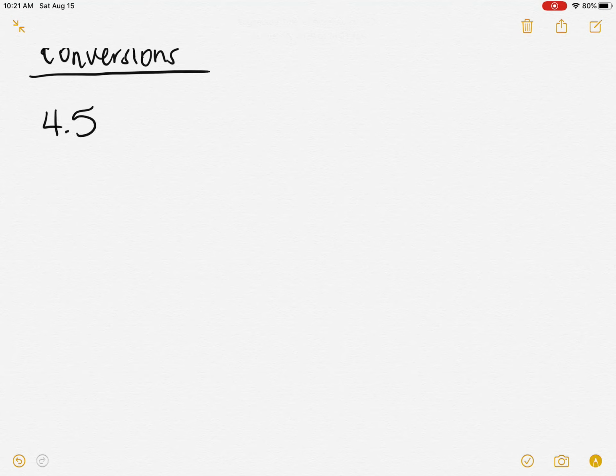Let's say the distance between 2 points is 4.5 kilometers, okay? And since we don't think in kilometers, we want to know how many miles that's equal to. Okay, so this is a conversion problem.